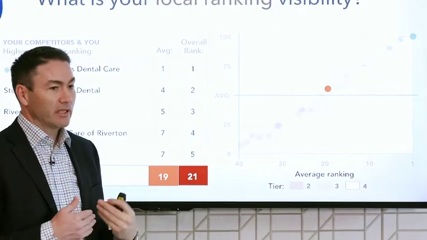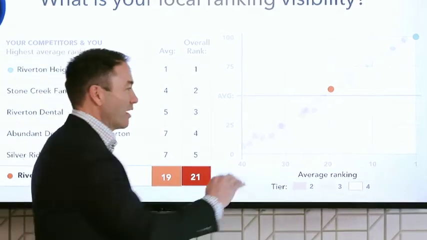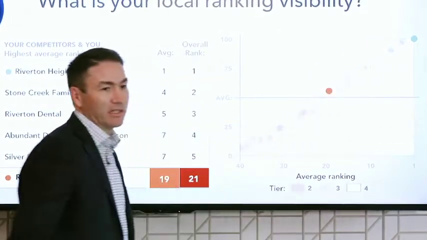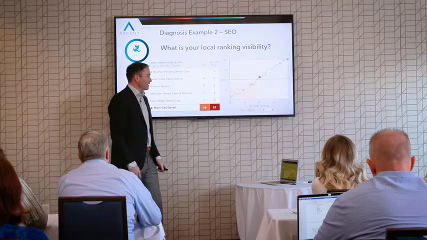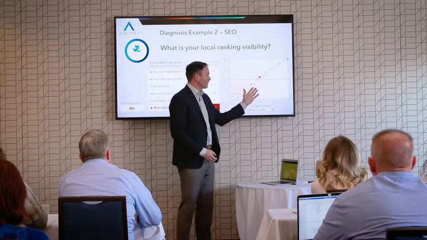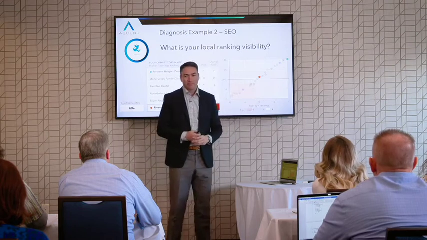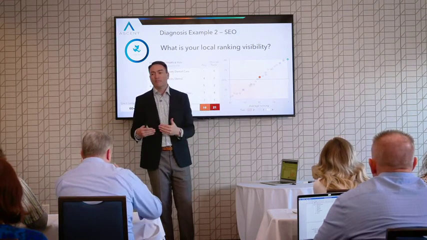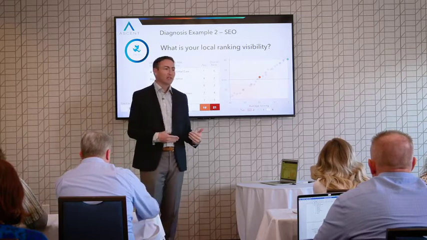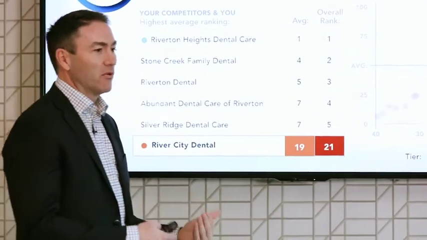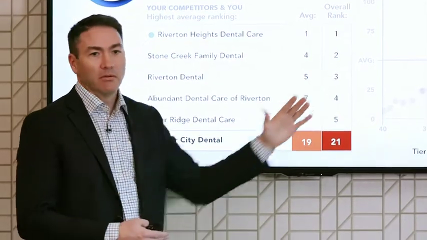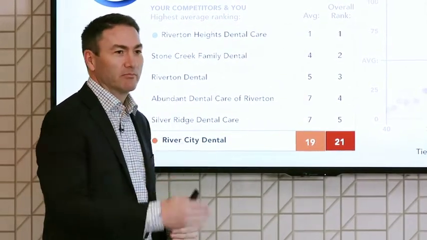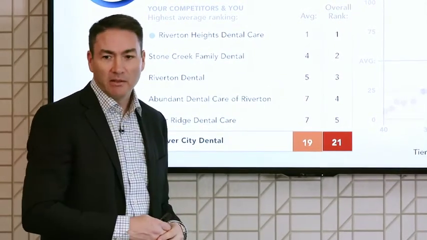Now, the key in search engine optimization is to try to move you up that chain. All right? Now, let's talk about what these different tiers represent. The different tiers are levels of search engine optimization implementation that need to be performed in order to move up that chain, okay?